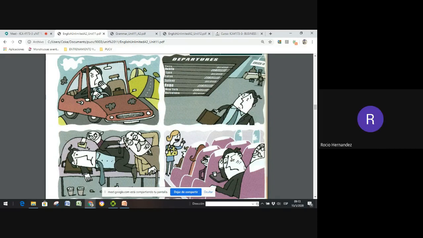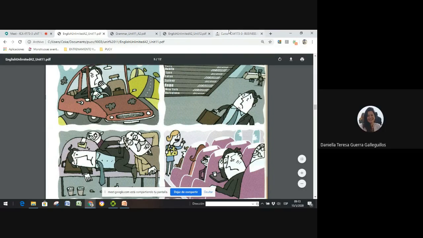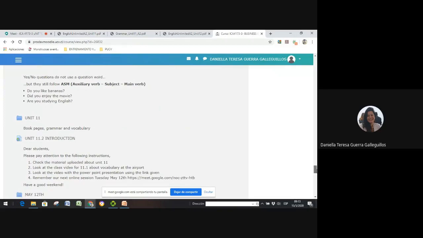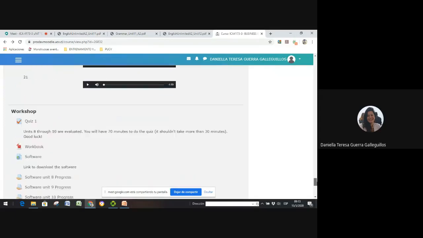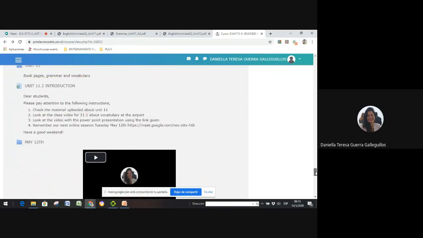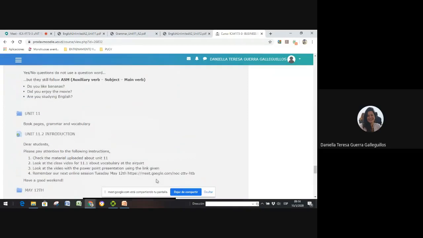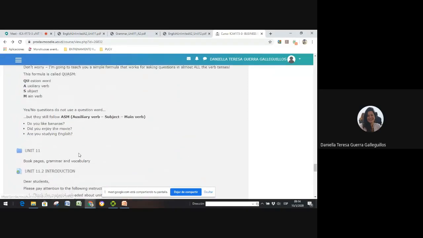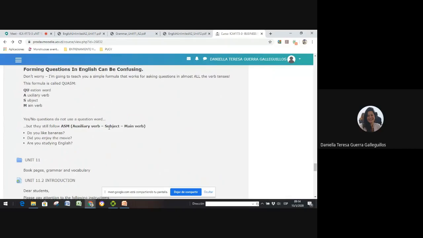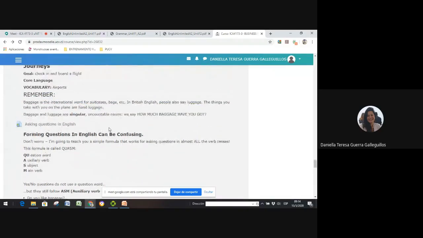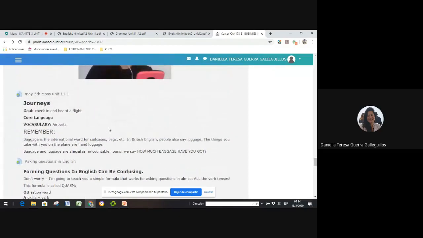Miss, ¿dónde está el present simple? No, past simple. ¿En el aula? Is in the aula. Let me show you in unit 11, grammar. I put the yes or no questions, forming verbs, asking questions.